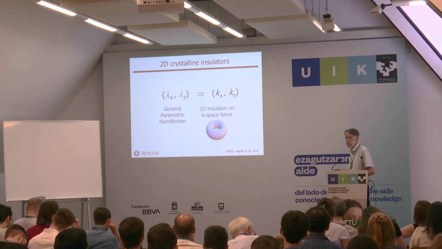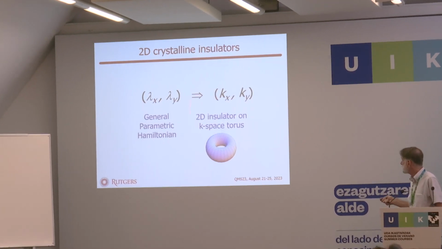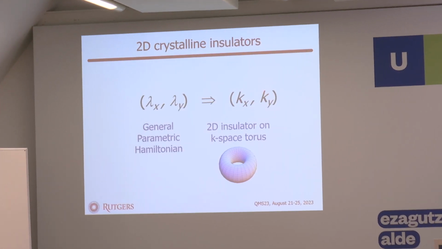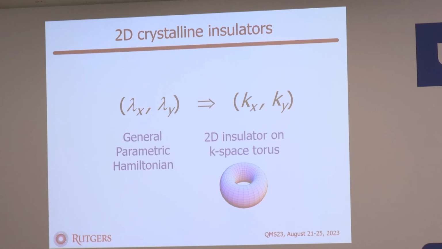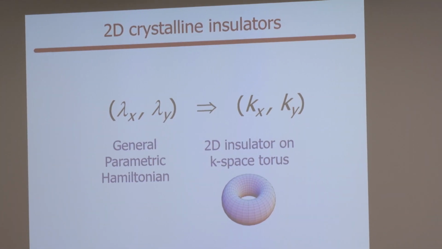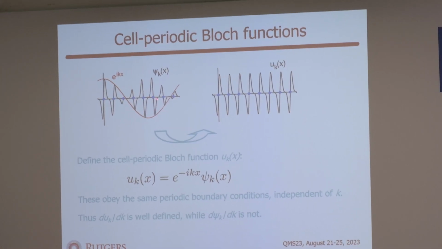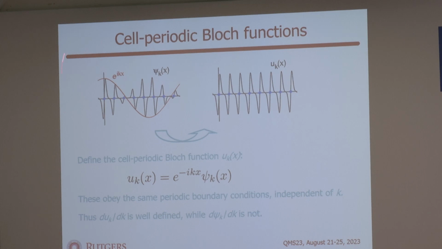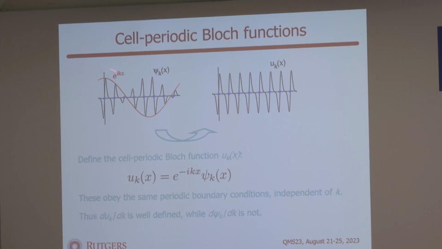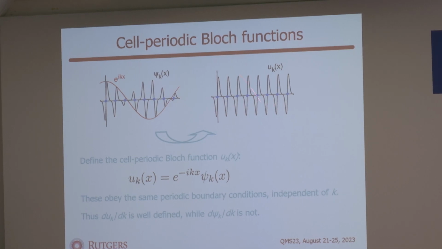So let's imagine for the moment we have a two-dimensional crystal, let's say an insulator, and so our parameters become kx and ky, the wave vectors that label the Bloch states of a particular band of interest. And you know that the Bloch states take the form of some envelope function, e to the i k x, times some underlying cell periodic Bloch function.